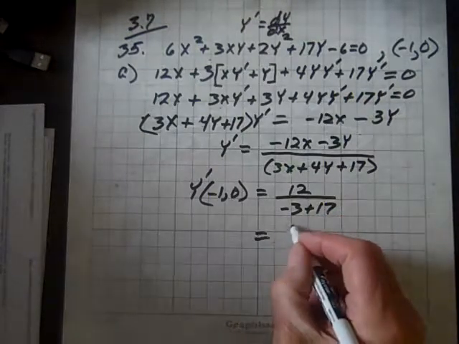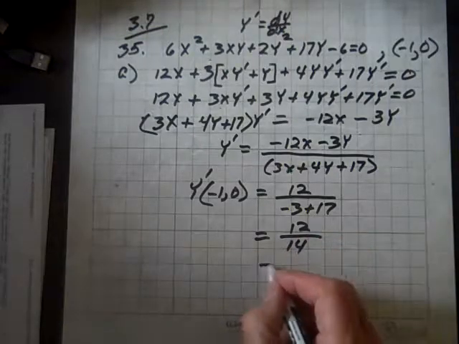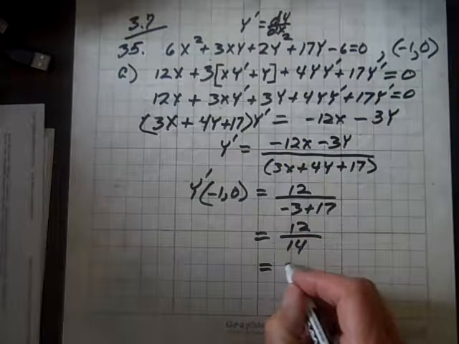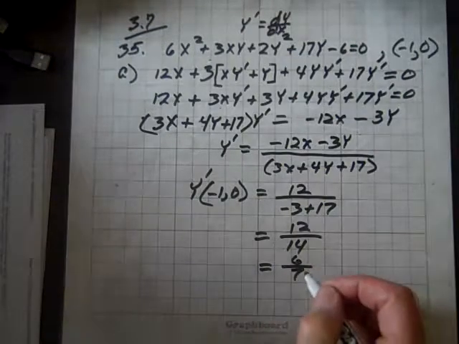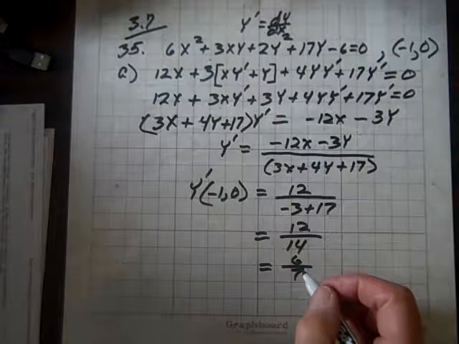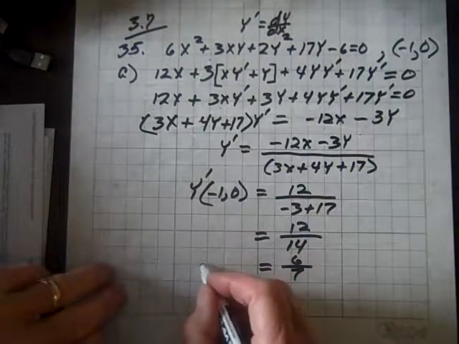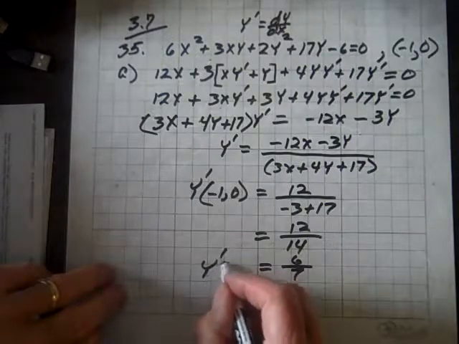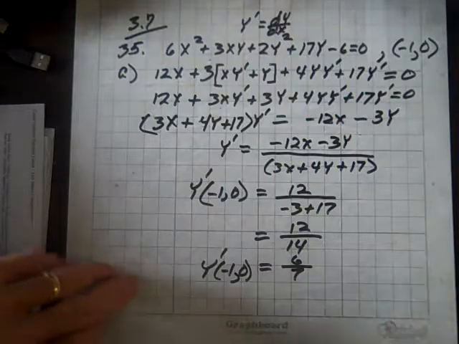So now we get 12 over 14, which reduces to 6 over 7. So let's keep that in mind. So y prime at (-1, 0) equals 6 over 7.